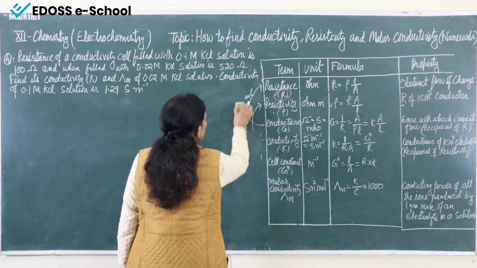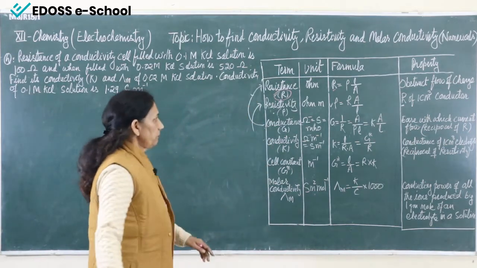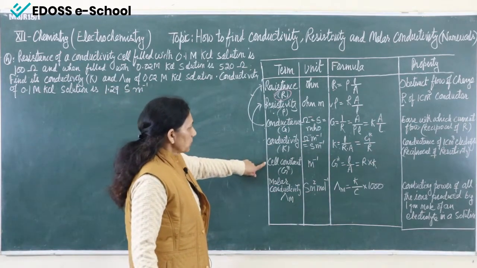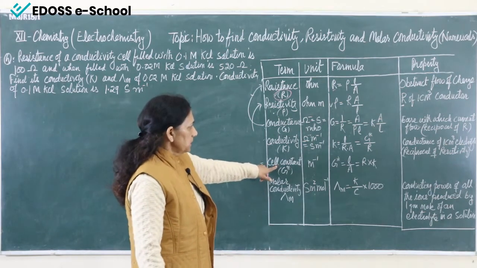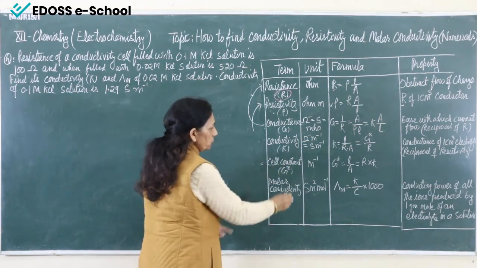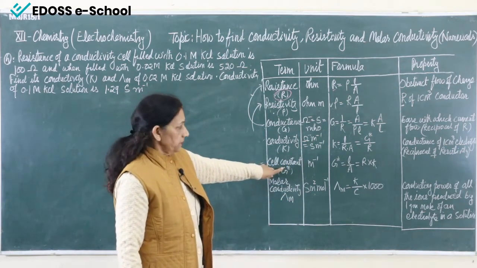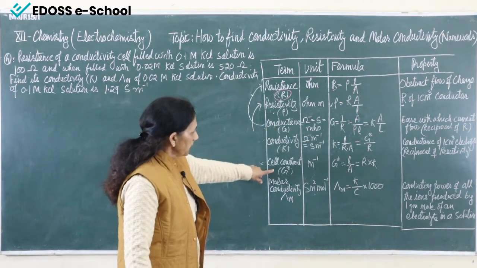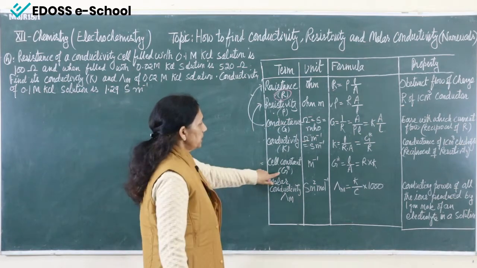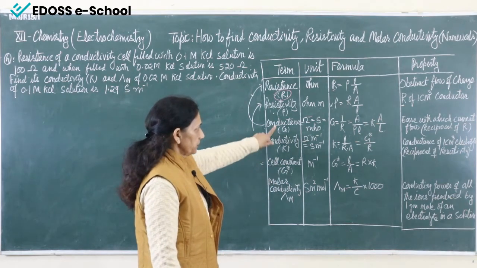Now coming to cell constant, this I have already made clear to you. For cell constant we use G star. If it is only G, then it is conductance, and if you put a star on it, then it is cell constant.